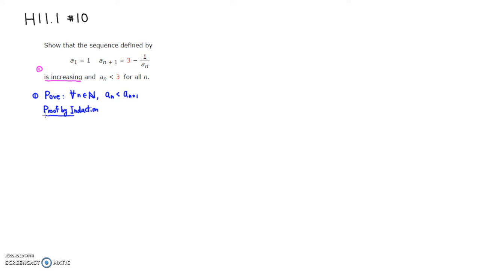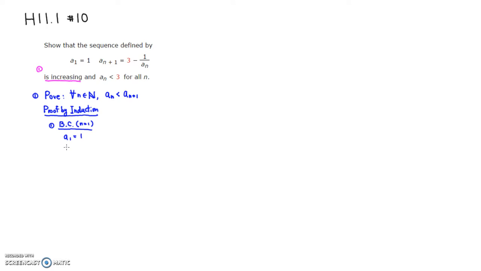Let's do the base case, number 1. When n equals 1, we just have to check here. We know that a_1 is defined to be 1.